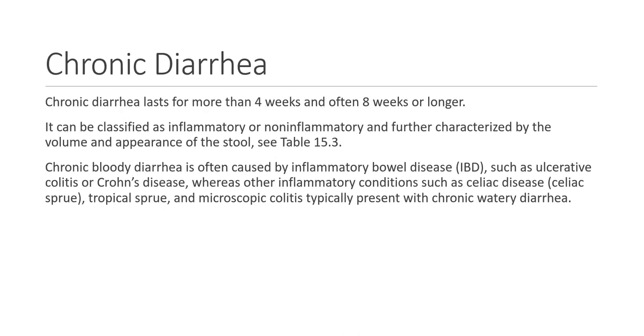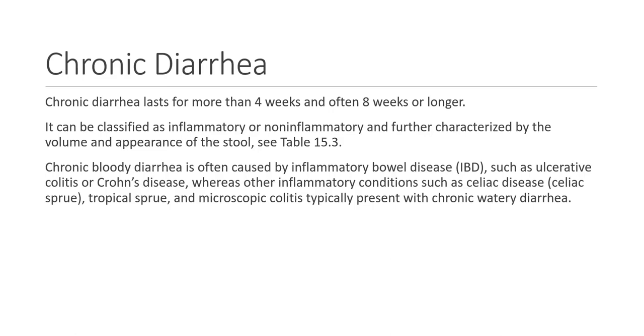Chronic diarrhea lasts for more than 4 weeks and often 8 weeks or longer, which is really sad. This can be classified as inflammatory and non-inflammatory and is further characterized by the volume and appearance of the stool. And you have table 15.3 in your textbook that shows you the differences.